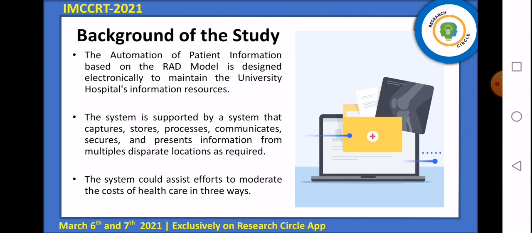In addition, the system could assist efforts to moderate the costs of healthcare in three ways. First, improved information could reduce redundant tests and services that are performed in response to the unavailability of test results. Second, administrative costs could be reduced through the ability to generate routine reports automatically.